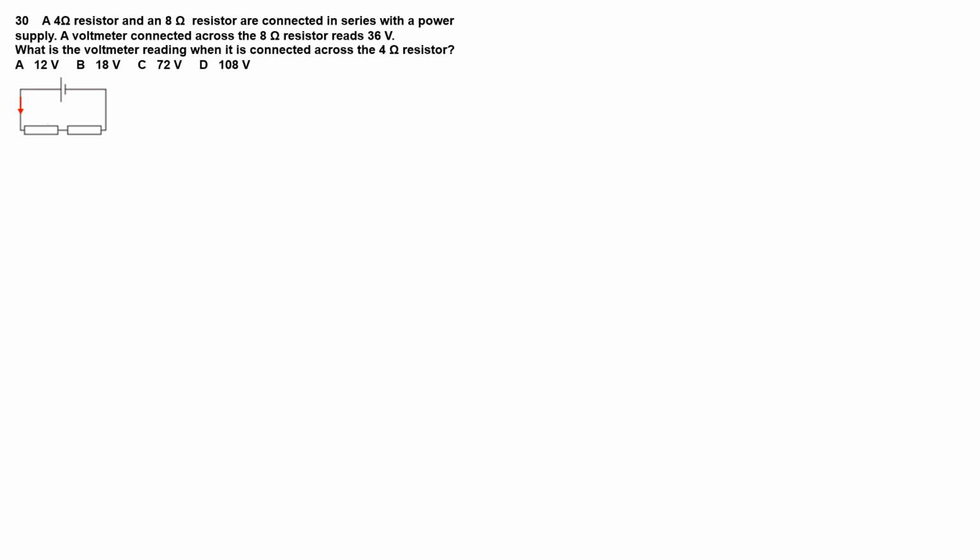A series circuit is an electrical circuit in which all components are connected in a single path. This means that the current is the same through all components, but the potential difference across each component can vary. To calculate the voltage drop across a resistor in a series circuit, we can use Ohm's law.